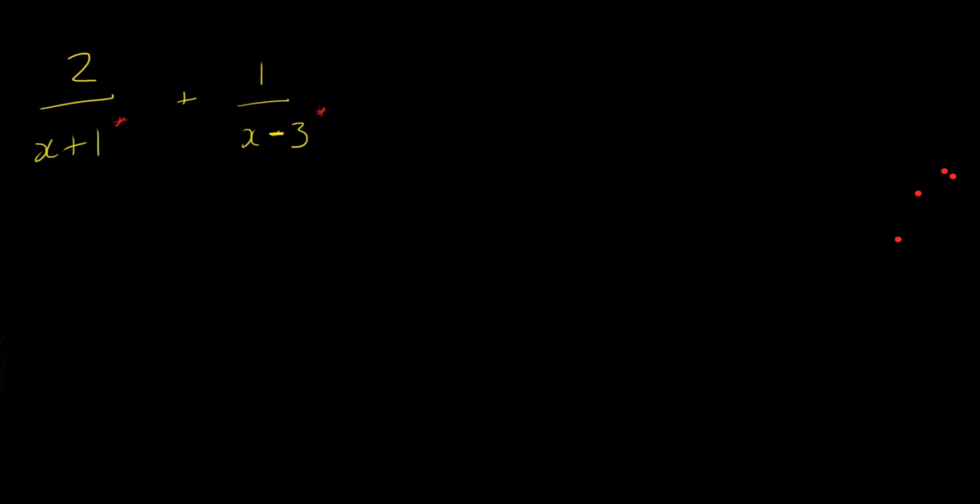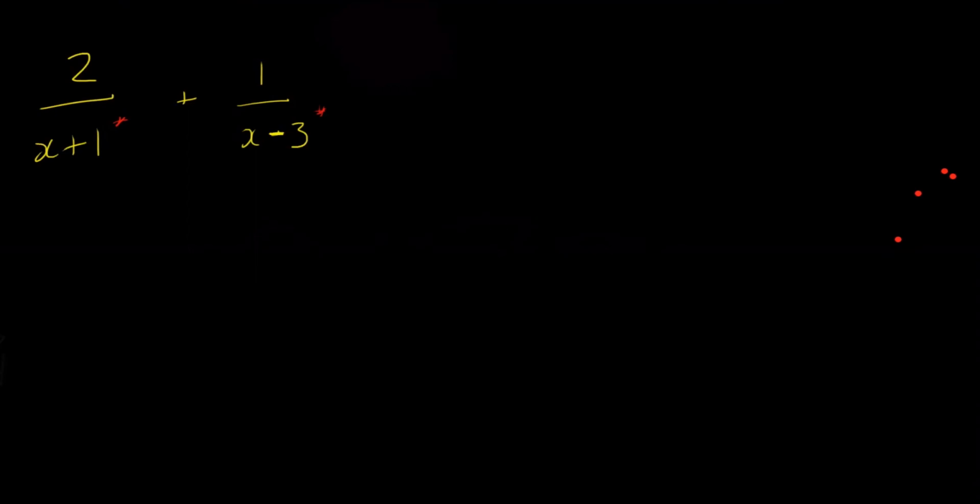Because these are unknowns, I'm just going to put a little 1 against the first one, and a 2 against the second, to show you there's a 1 there and a 2 there. In order to make denominator 1 and denominator 2 the same, they've got to be multiplied by each other.